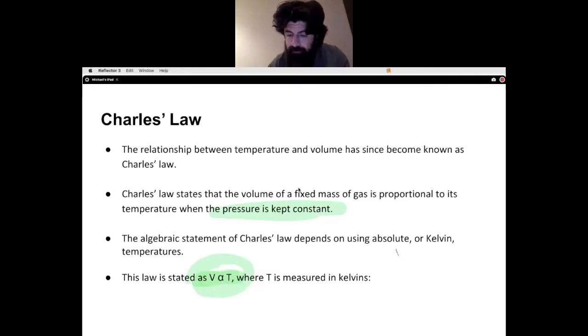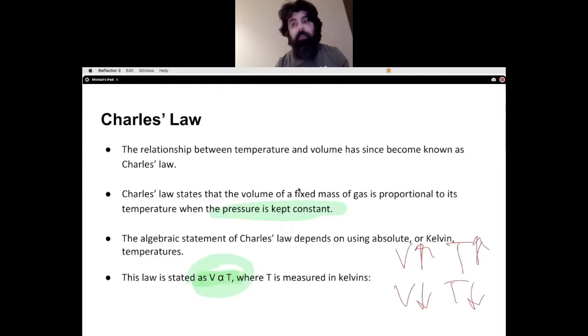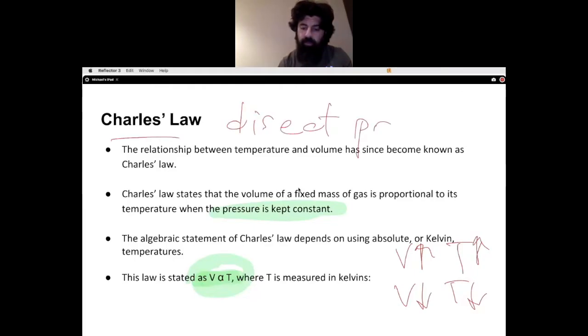It means that if volume goes up, so will temperature. If volume goes down, so will temperature. That is different from Boyle's law, which was an inverse proportionality. Charles' law is a direct proportionality between their sets of units.